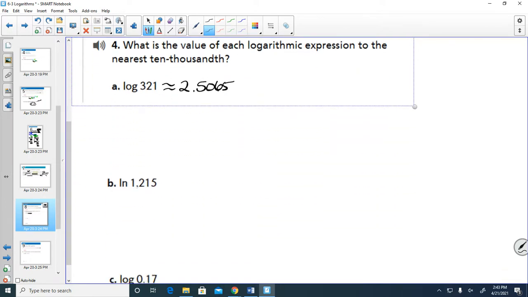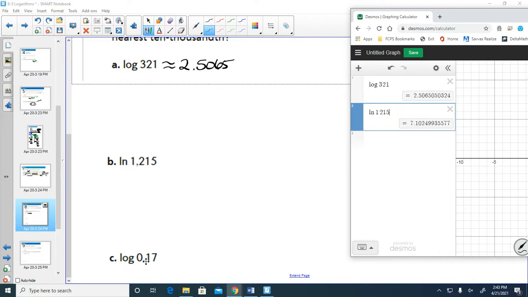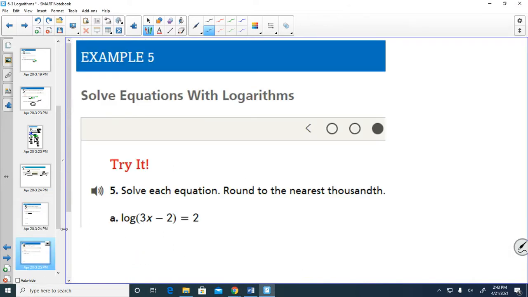Now for natural log, I can just grab my calculator and type in ln. Make sure you type in an L, not an I, of 1215, and I see that it's 7.1024. You can do the same with log of 0.7, 0.17, and so on.